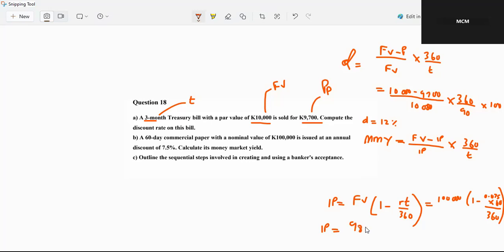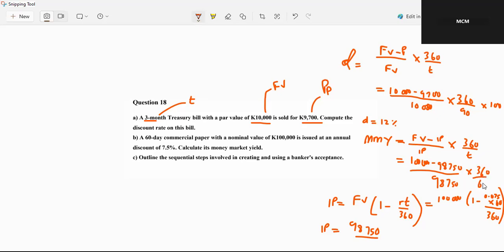So what do you do with this 98,750? You replace it in the formula. So 100,000 minus 98,750, over 98,750, times 360 over our time, which is 60.